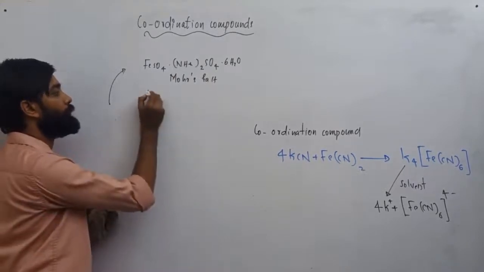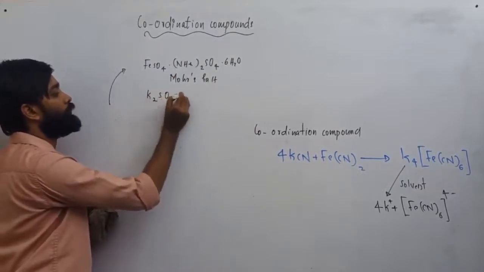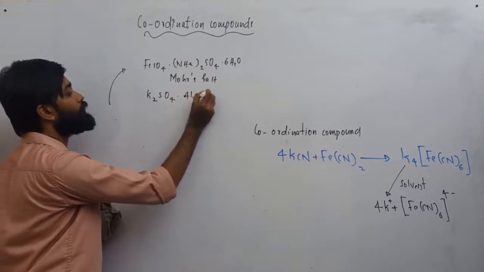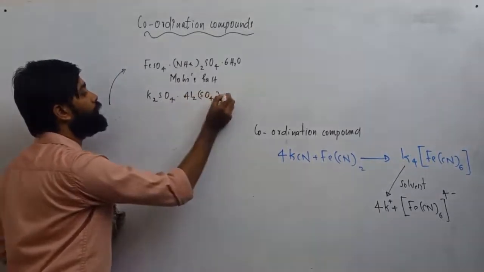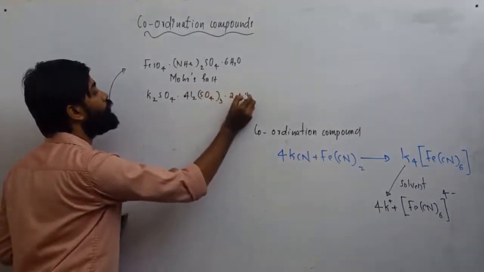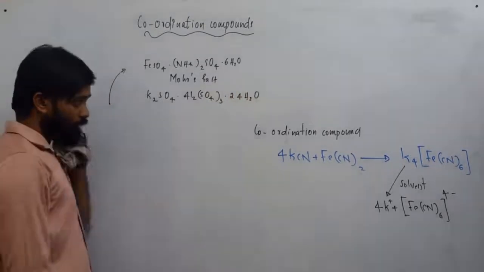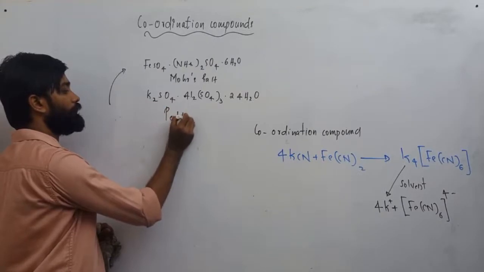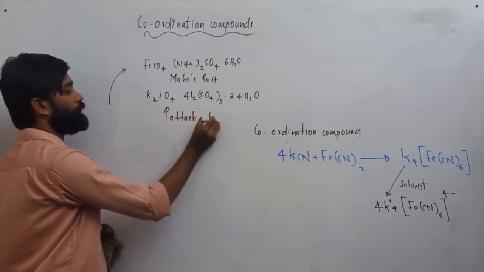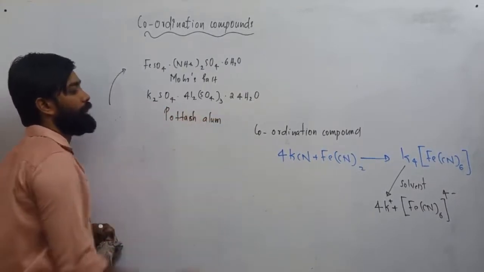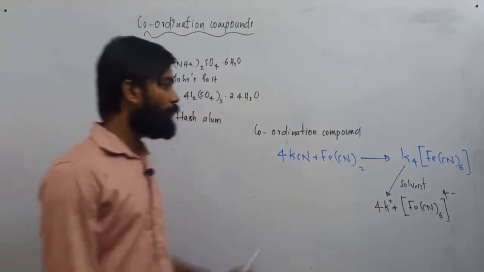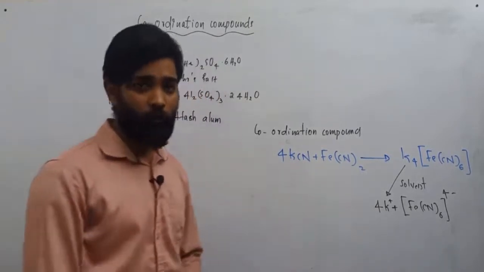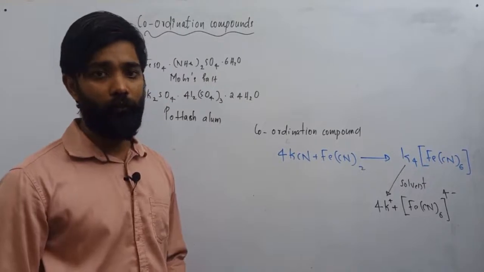The next is K2SO4.Al2(SO4)3.24H2O, and this is known as potash alum. No need of writing examples for coordination compounds because the chapter is completely based on coordination compounds.